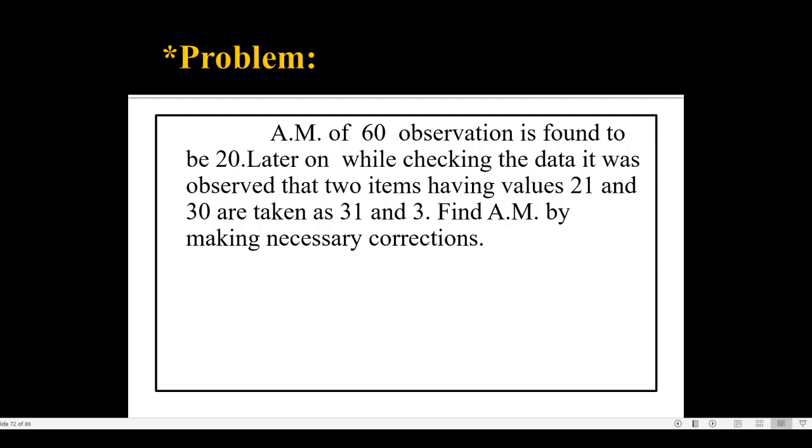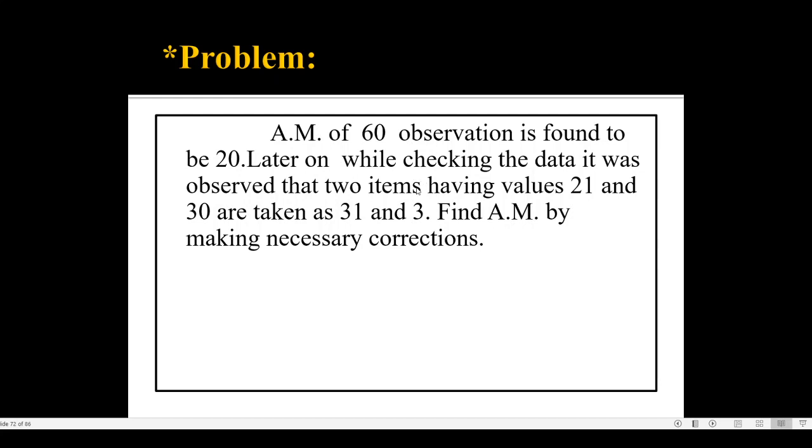Then take this problem. The arithmetic mean of 60 observations is found to be 20. Later on, while checking the data, it was observed that two items having values 21 and 30 were taken as 31 and 3. Find the arithmetic mean by making necessary corrections. Here the arithmetic mean of 60 observations means n is 60, and x bar is 20.